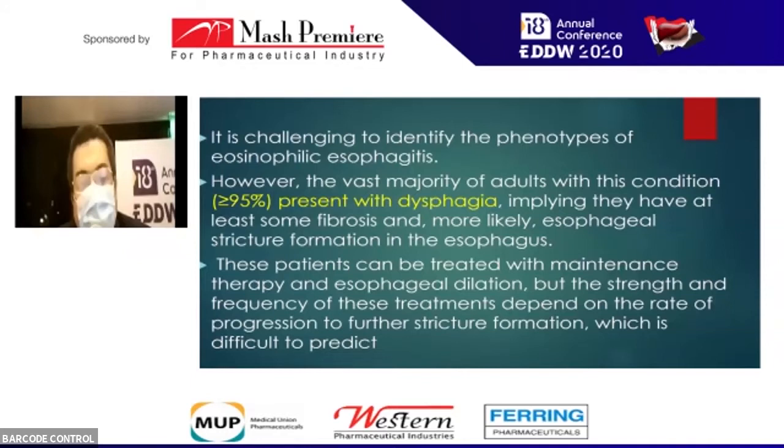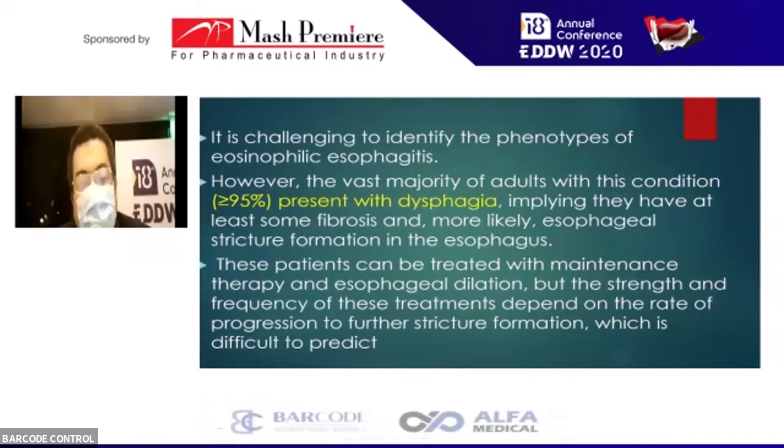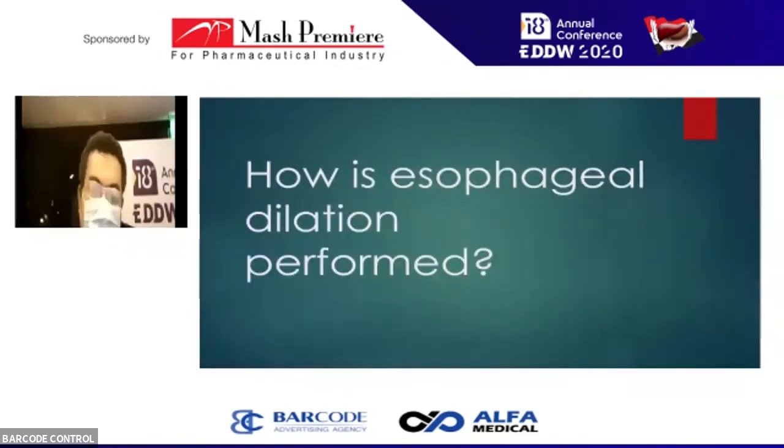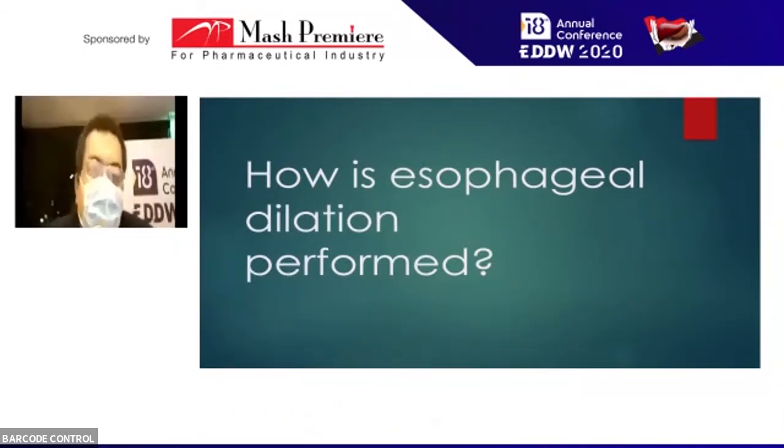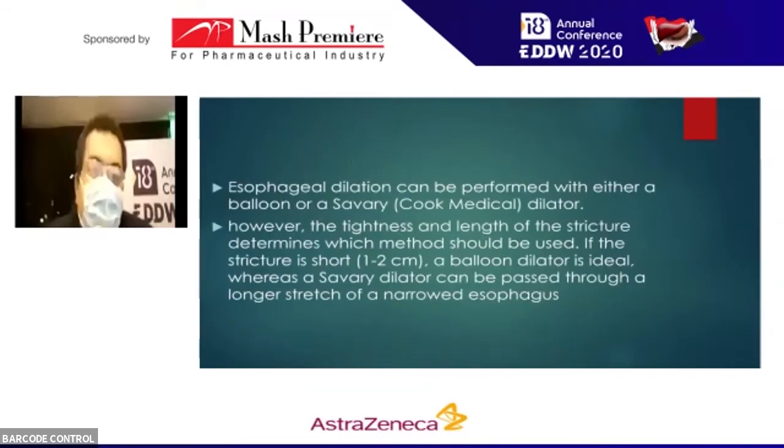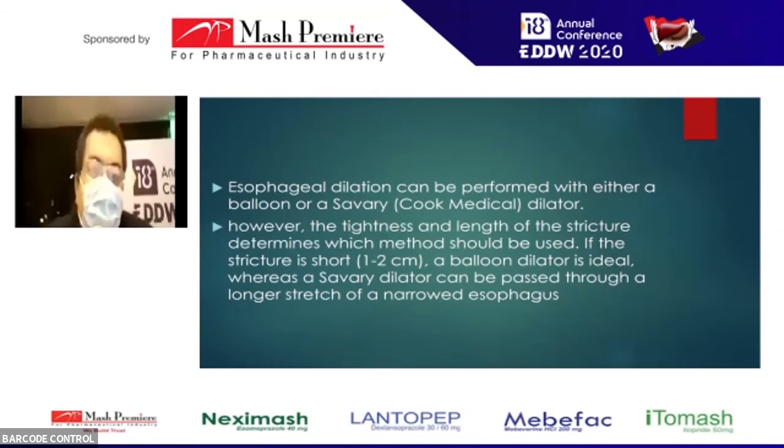How is esophageal dilatation performed? Is it performed using balloon dilatation or Savary, Dr. Mohamed? As a rule, esophageal dilatation can be managed like any stricture in the esophagus. When I decide to dilate an esophageal stricture, I see if it is long or short, where it is, how tight it is, and I decide the technique I will use.